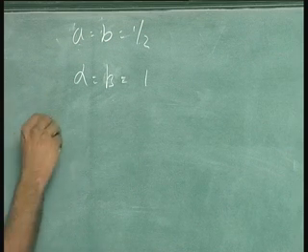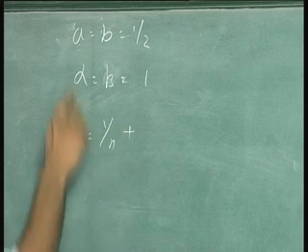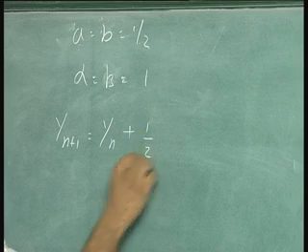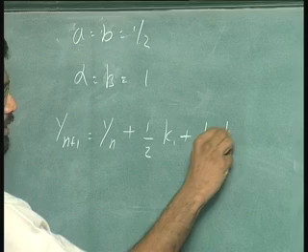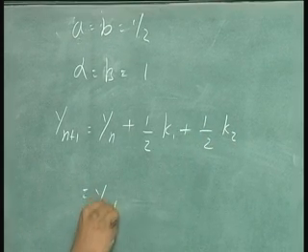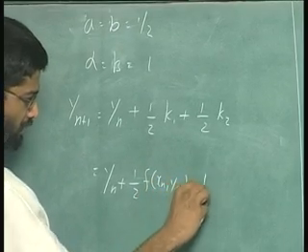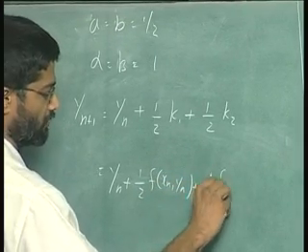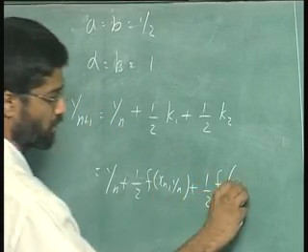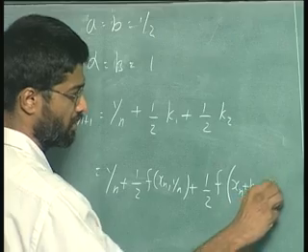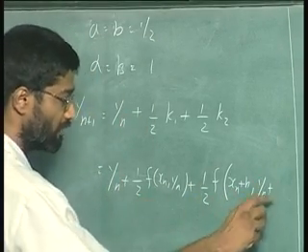Okay. And then I can write yn plus 1 as yn, remember, plus a is half, so it's half times k1 plus half times k2, which is yn plus half times f at xn yn plus half times f at, k2 was f at xn plus alpha h, alpha is 1, so xn plus h, yn plus beta is again 1, so yn plus k1.